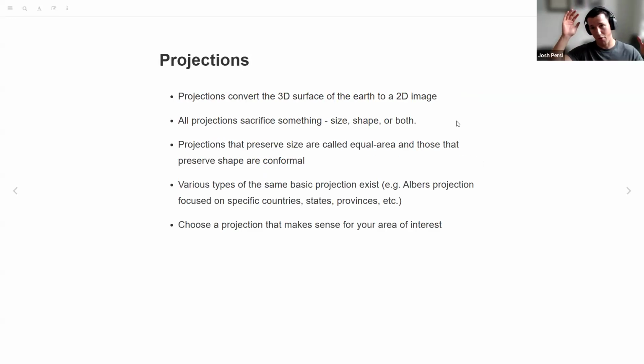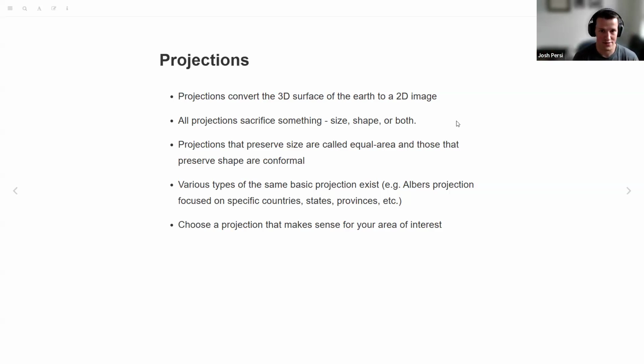So that's datum. How do we model the Earth as a 3D object? Projections are really how we model the Earth as a 2D object, because we have to unwrap the 3D surface of the Earth into a 2D projection that we view on paper, in a book, on a screen.